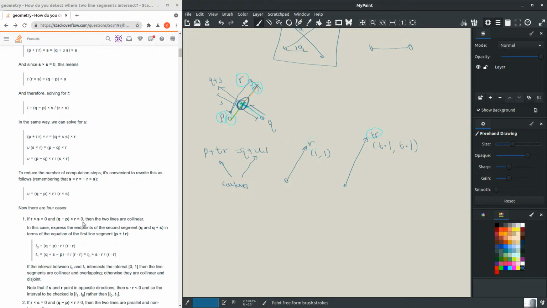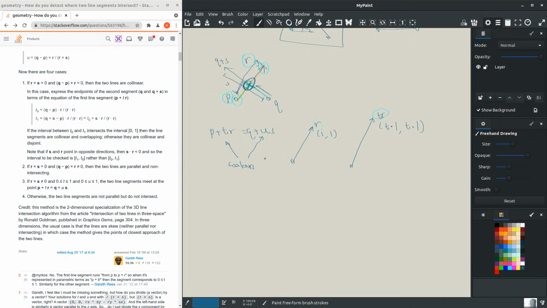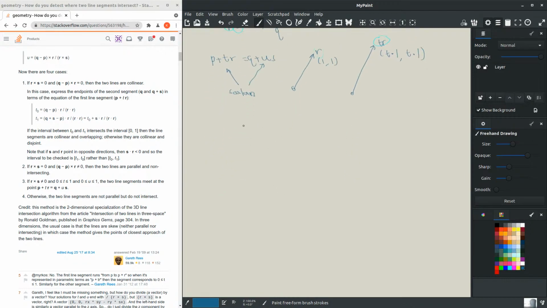Now, they list 4 cases here, right? So r cross s equals 0, and if r cross s equals 0 and q minus p cross r are 0, then the two lines are collinear. What does that mean? Well, I think earlier, at the start of the video, I mentioned that cross products help us get the sign value, and dot products give us a scalar on the cosine, right?